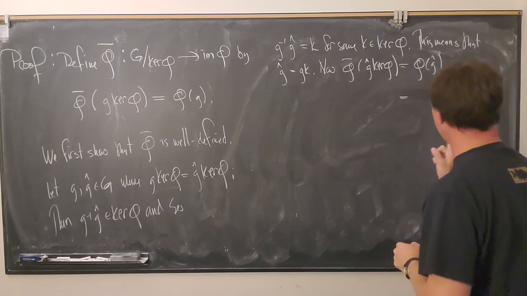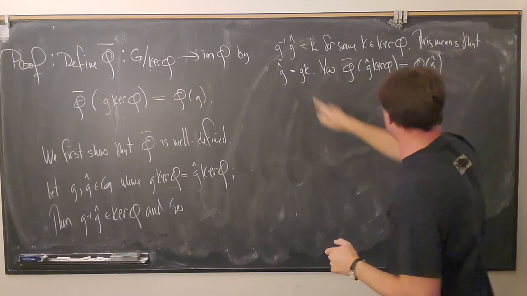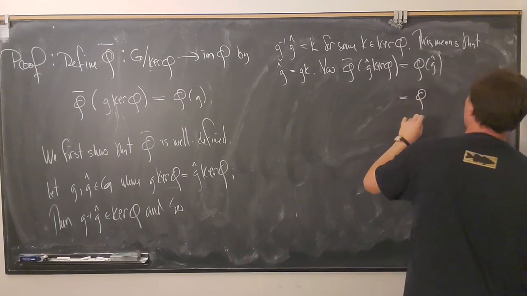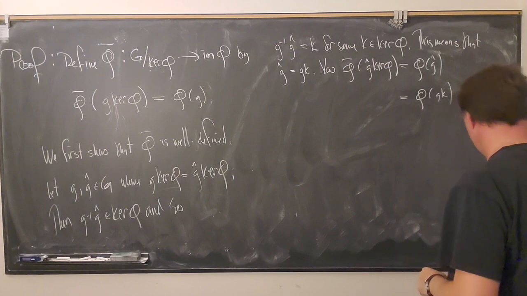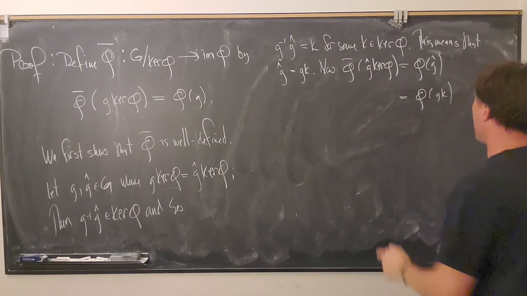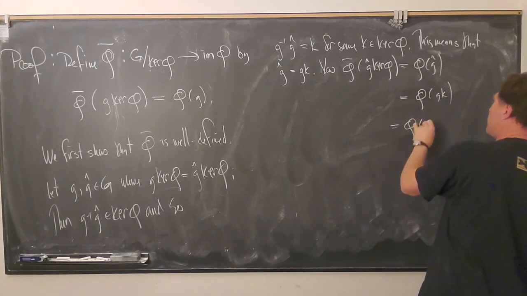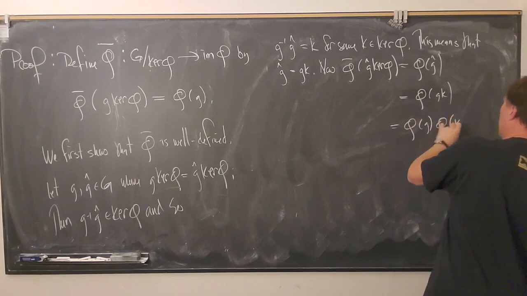But g hat is equal to g times k, so this is phi of gk. Now, since phi is a homomorphism, I can write this as phi of g times phi of k.